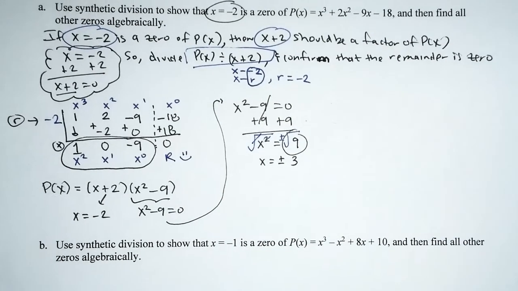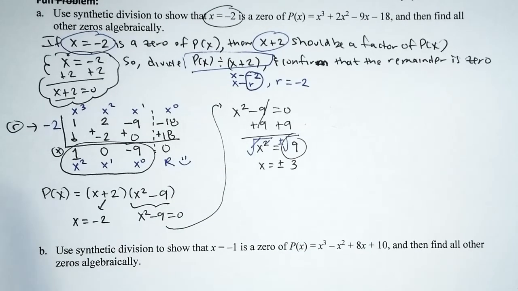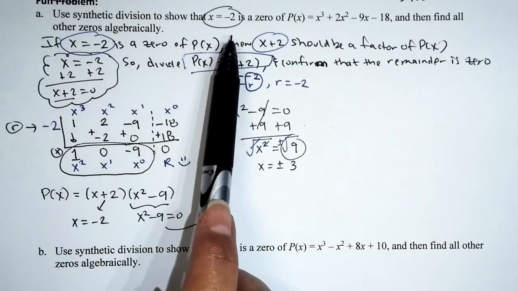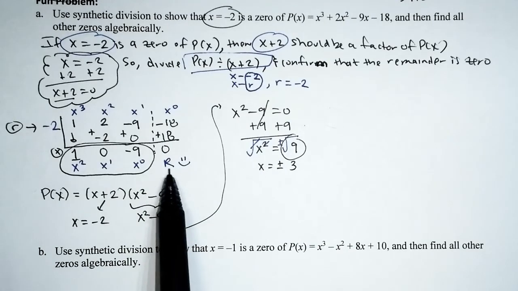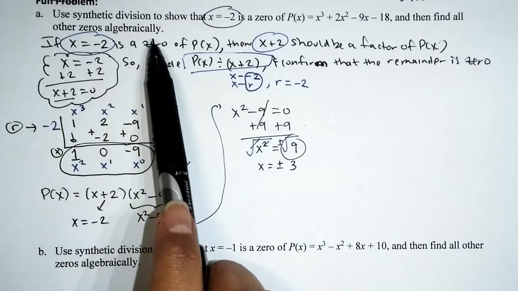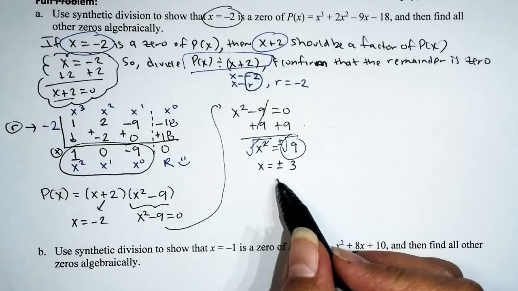So now I'm at a crossroads. How should I submit my answers? It says use synthetic division to show that x equals -2 is a 0 of the polynomial. So we did it. Okay, the remainder is 0, so we showed it. And then find all other zeros algebraically. So technically we just have to submit 3 and -3.